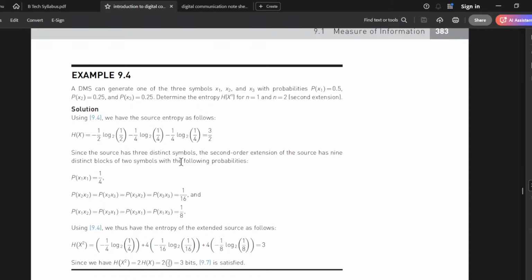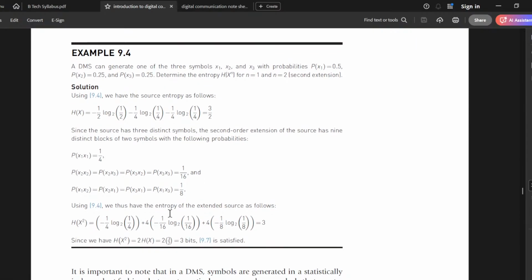To find the probability of the groups, x1 x1 is half into half, 1 by 4. x2 x2, x2 x3, x3 x2, x3 x3, because x2 and x3 are equal, will be 1 by 16, and x1 x2, x1 x3 and so on, 1 by 8.